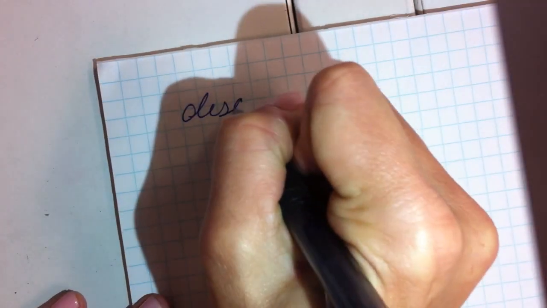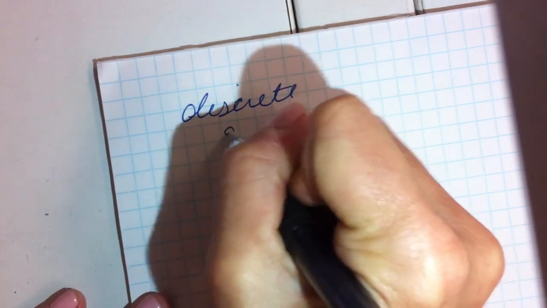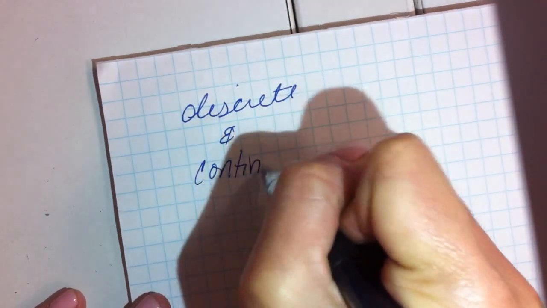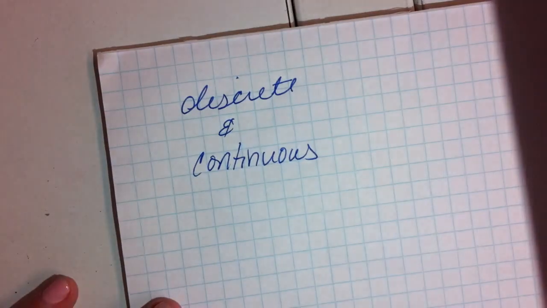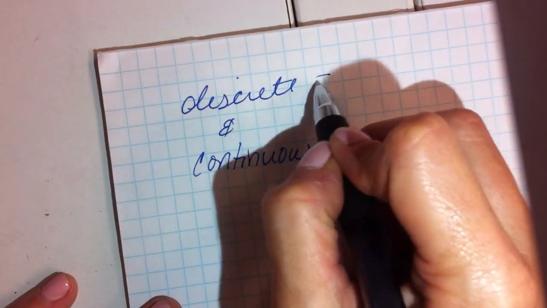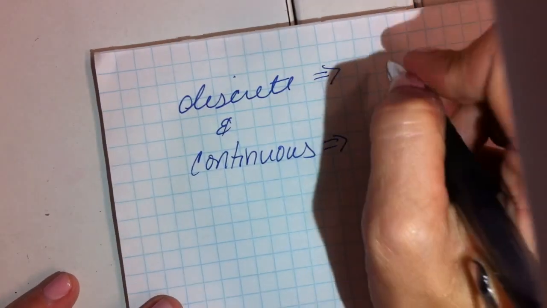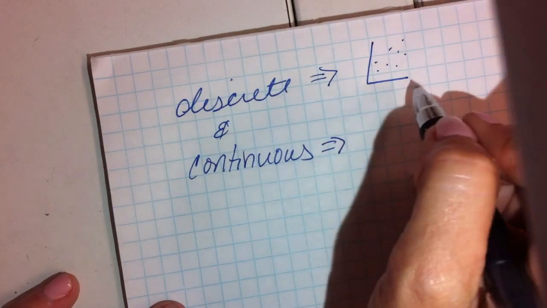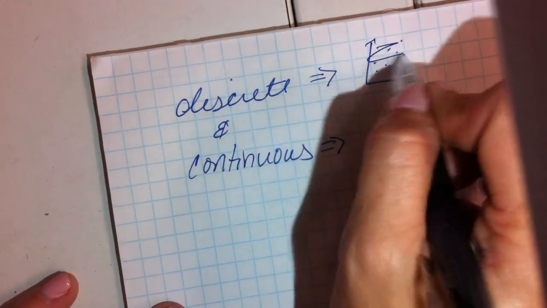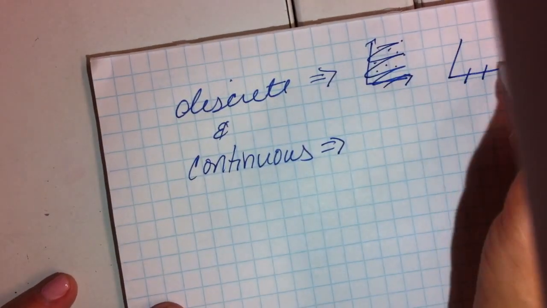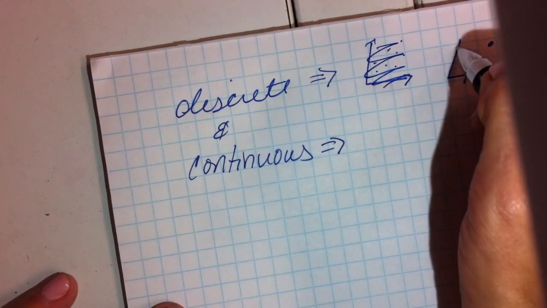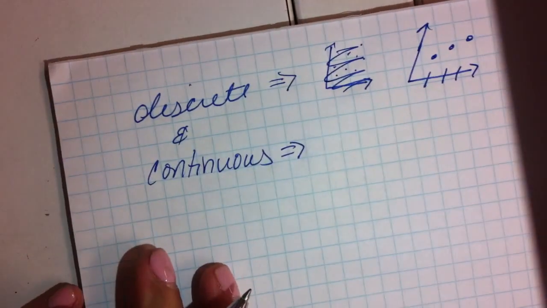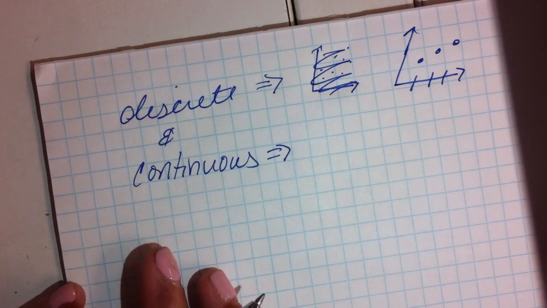All right, little hint for tomorrow's test. You need to know the difference between discrete and continuous data. Remember from those side notes that we took. In discrete data, you use a scatter plot to only use dots. Okay, let me draw that better. You only use dots.